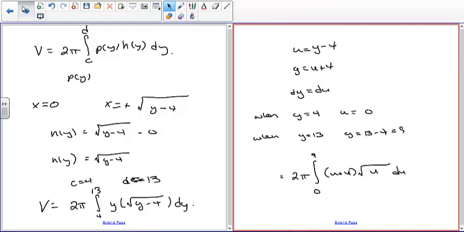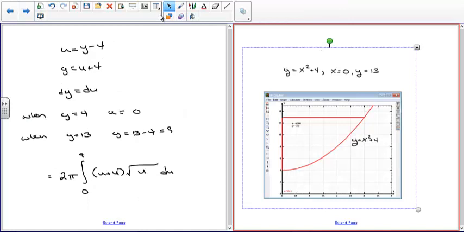So here's your picture. Let me ask somebody, if I want to make a disk around the y-axis, am I going to make a horizontal rectangle or a vertical rectangle? Yep.